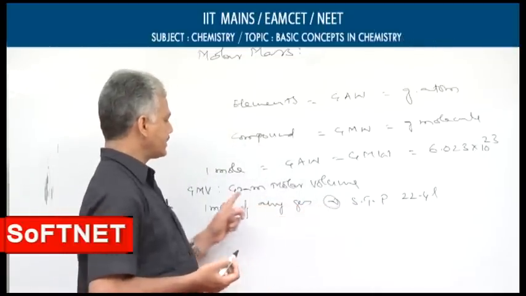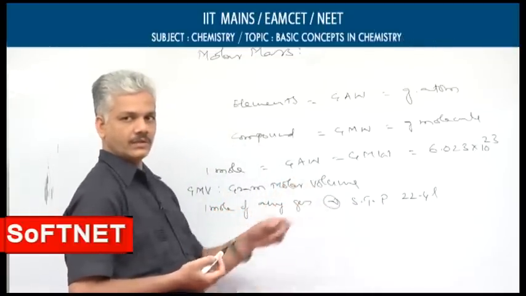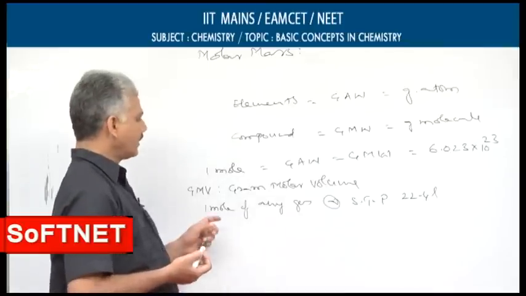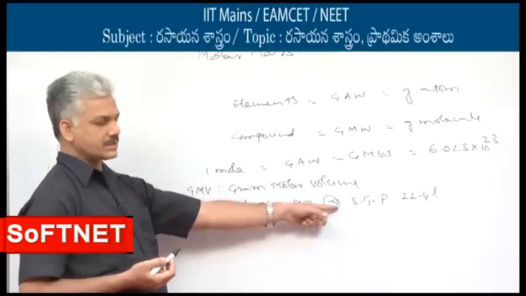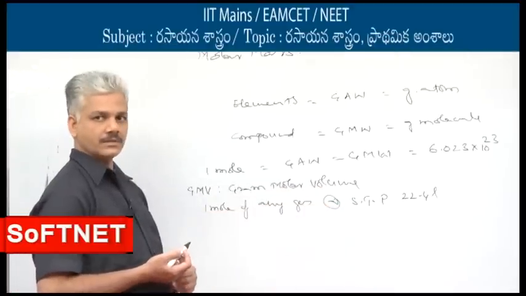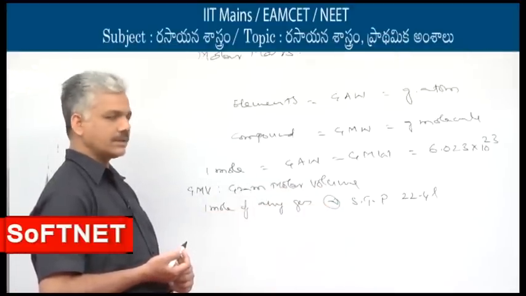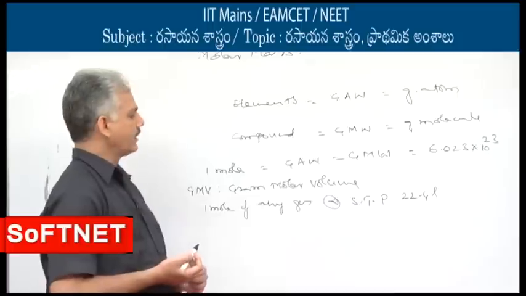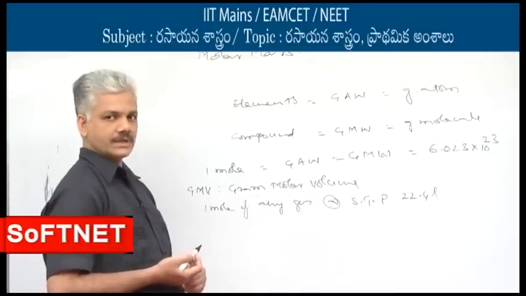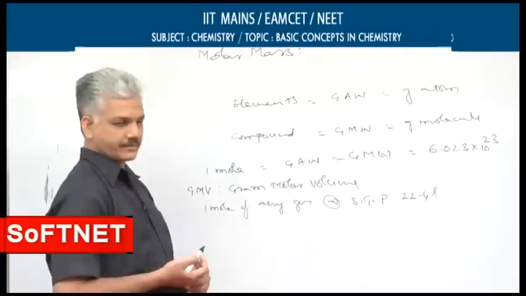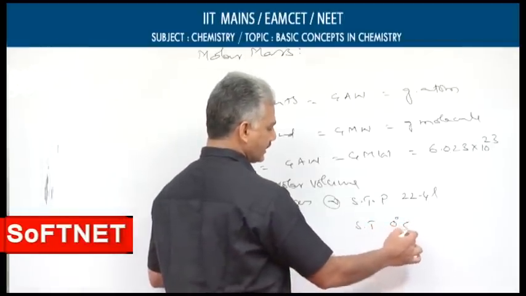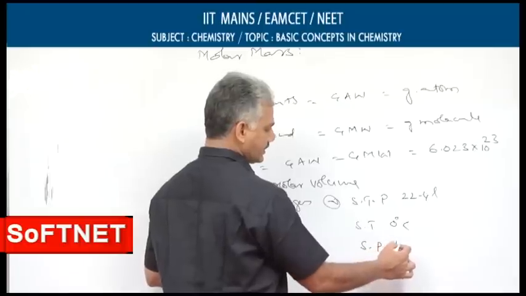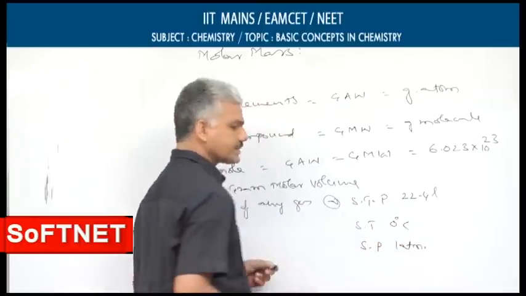This volume is taken as the gram molar volume. Therefore, 1 mole of a gas under STP conditions occupies a volume equal to 22.4 liters. STP stands for standard temperature and pressure. Standard temperature is 0 degree centigrade, standard pressure is 1 atmosphere.